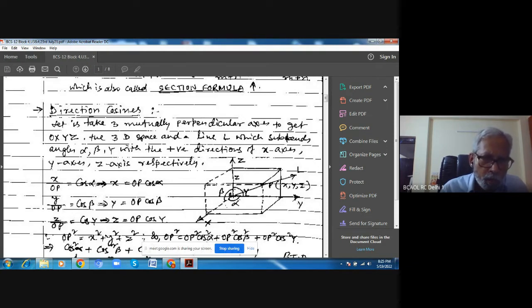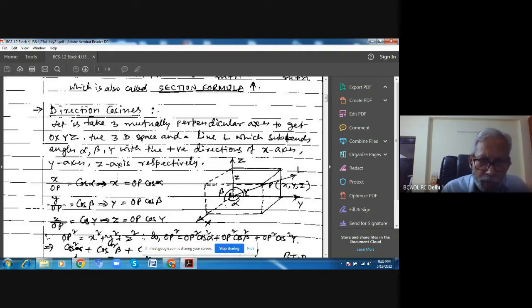In that case, x divided by OP is cos alpha, because it is the x-axis, so alpha will come. This is your new formula. So if we want only x, then x is equal to OP into cos alpha.